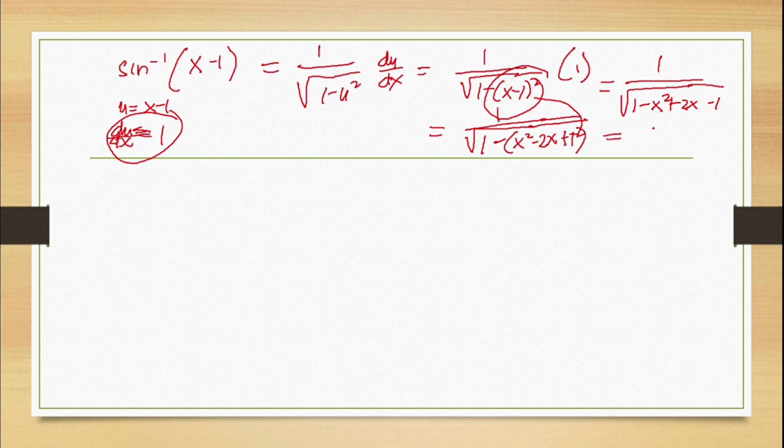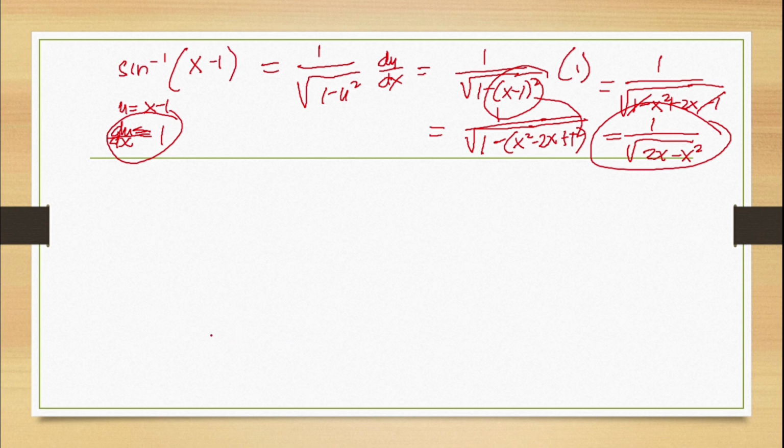Canceling, the remaining is 1 over the square root of 2x minus x squared. So this is the derivative of inverse sine.